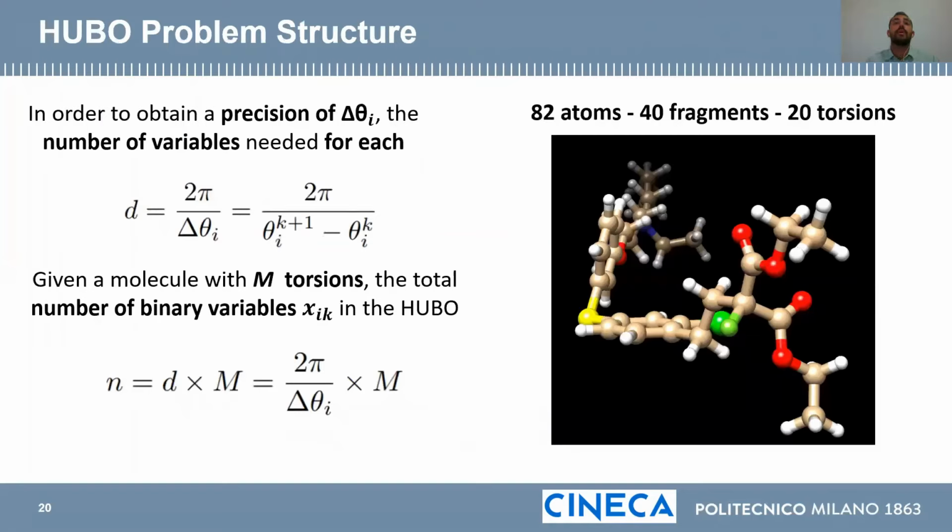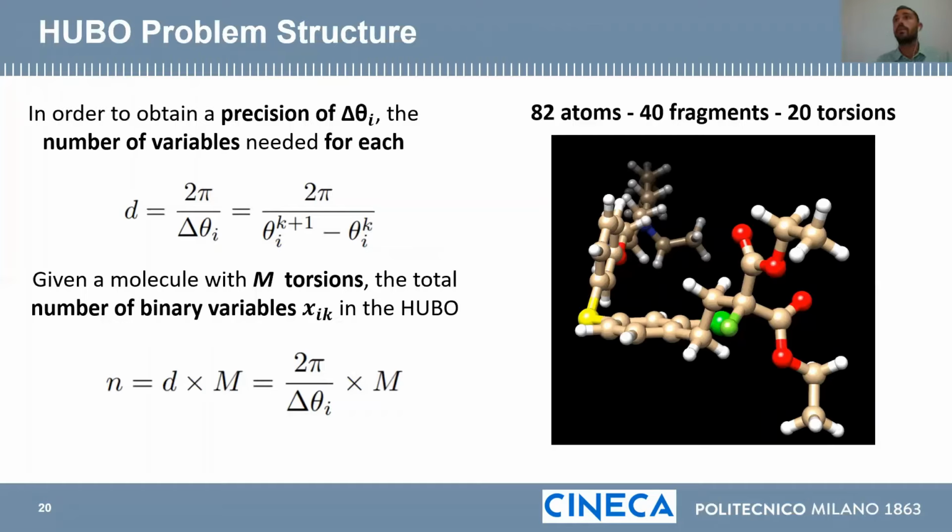Okay. What is the structure of this Hugo problem? First of all, we can say that if we want a precision in the discretization of the angles of delta theta i, the number of variables needed for each torsion angle is equal to d, expressed here. In general, given a molecule with m torsions, the total number of binary variables is then n, that is d times m.